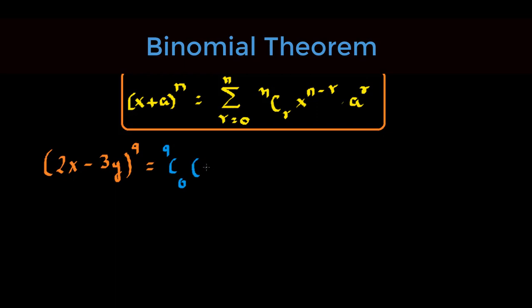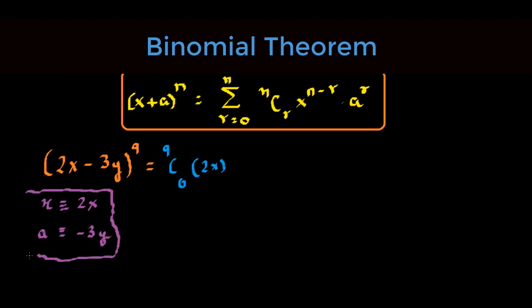So here x is actually 2x, so we're considering that x is actually 2x here and a is negative 3y, and we're going to replace this into our formula.